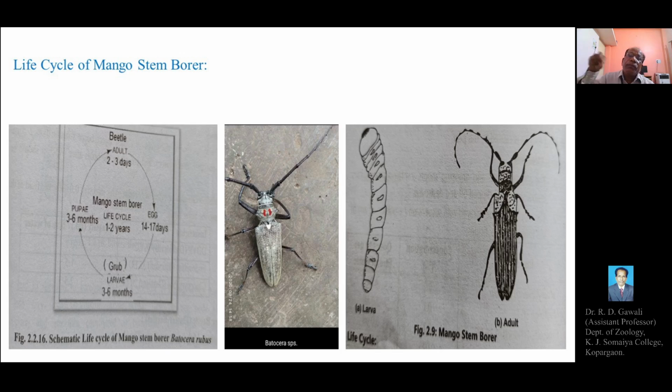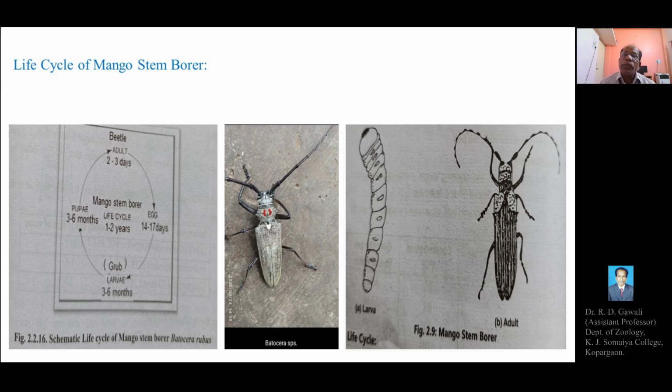So the larva penetrates through a particular point or burrow. Through the opening of the burrow, the gummy exudate emerges together with frass, that is the waste material of the stem tissues, released out through the burrows.